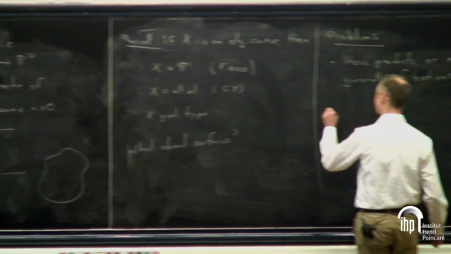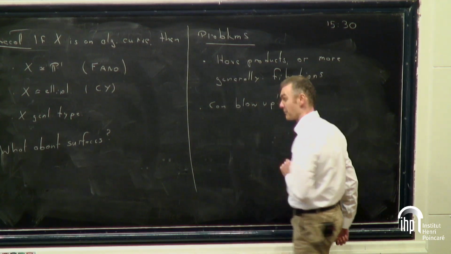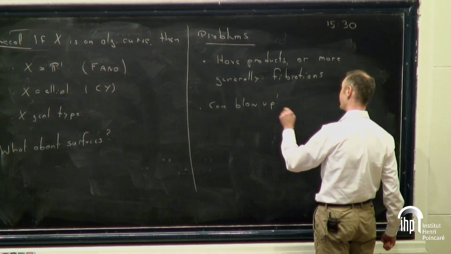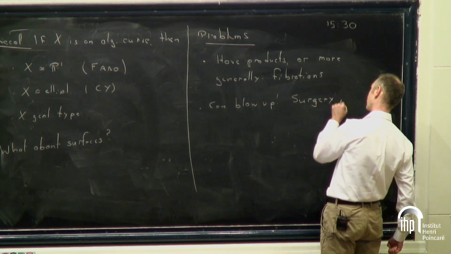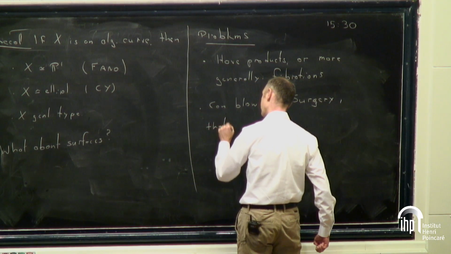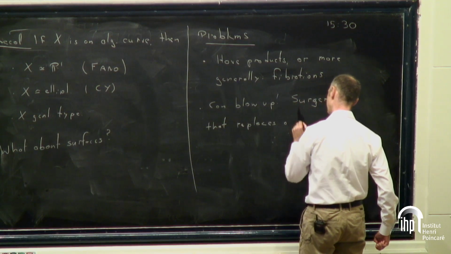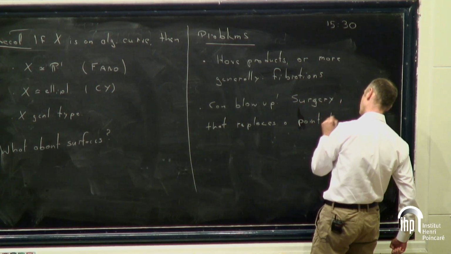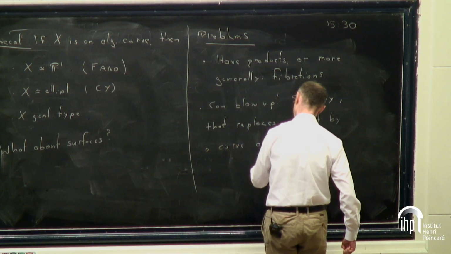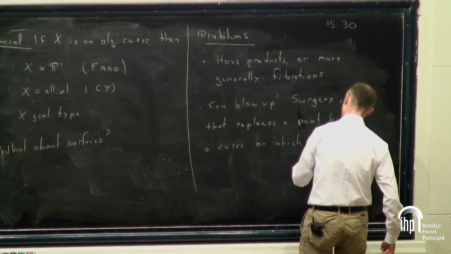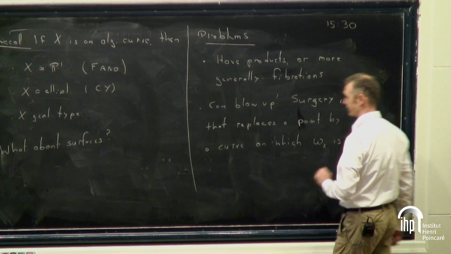So we can blow up. That is surgery that replaces a point by a curve on which omega X is negative.